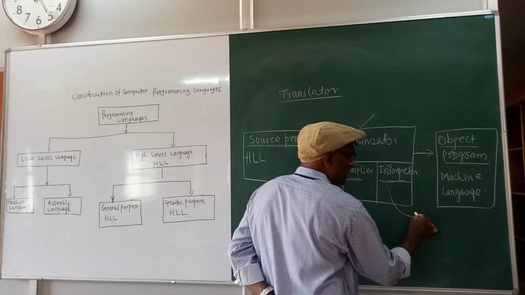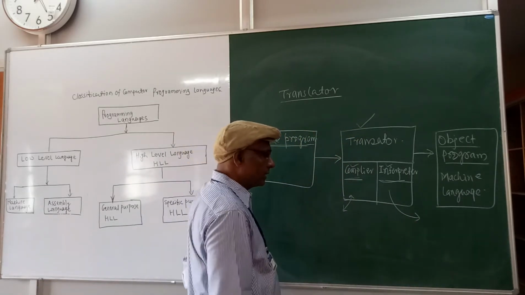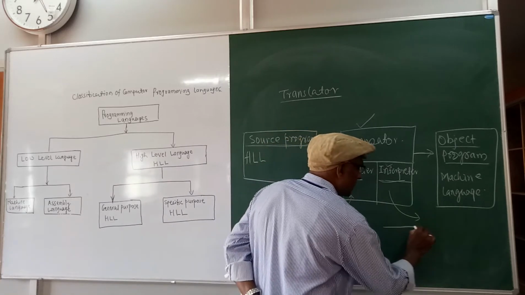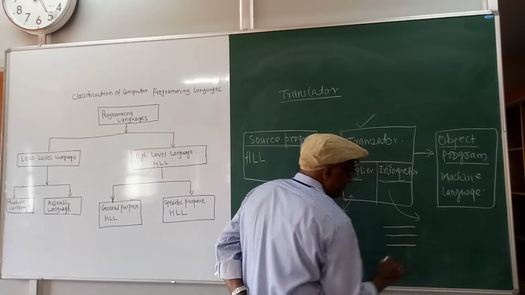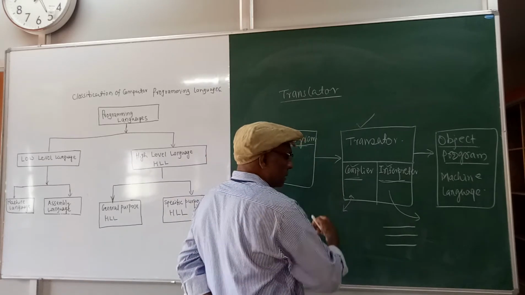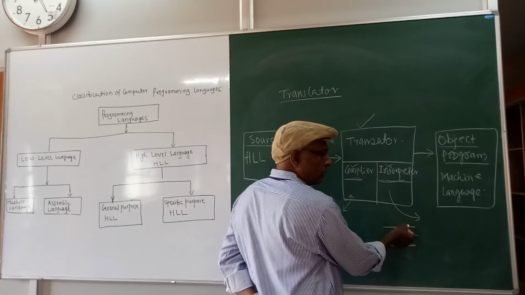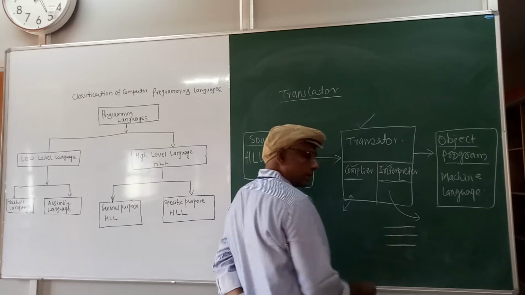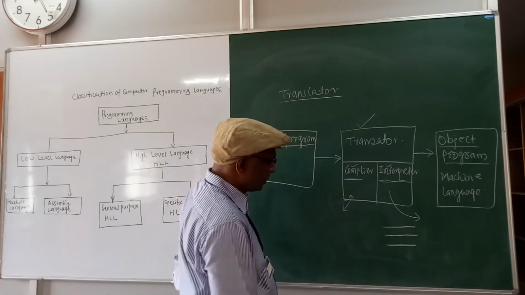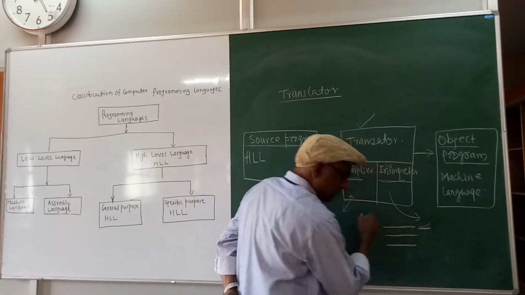Interpreter is another translator program here. It translates line to line. There will be lines of programs. One line will be translated, another line will be translated, and so on. So it will indicate if there is an error in it.